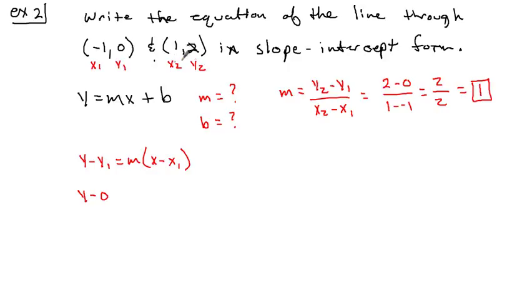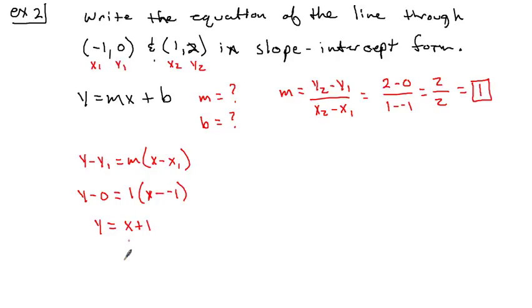We could use y2 and x2, it wouldn't matter, but we're going to use that one. So y minus 0 equals m, which is 1, times x minus x1. x1 is -1. So we'll clean this up a little bit. y minus 0 is just y, equals, and 1 distributed in here would just be the same thing. So minus -1 is x plus 1.